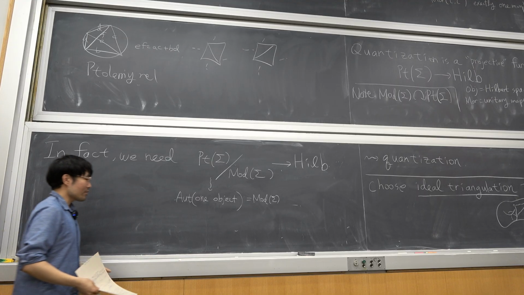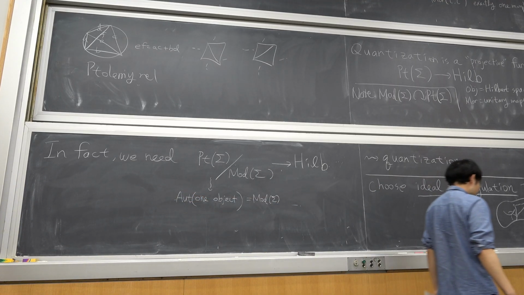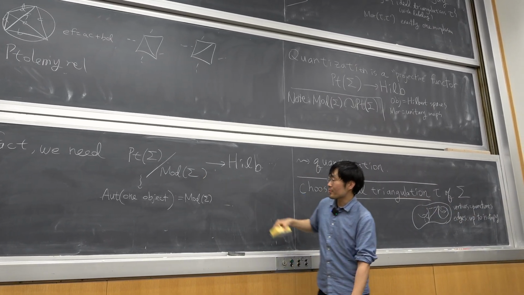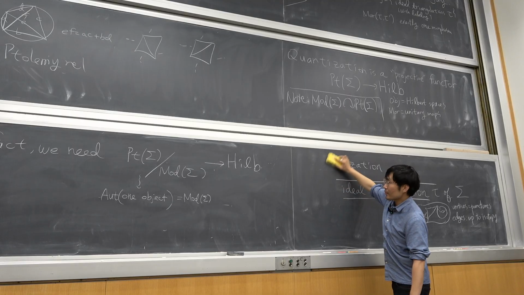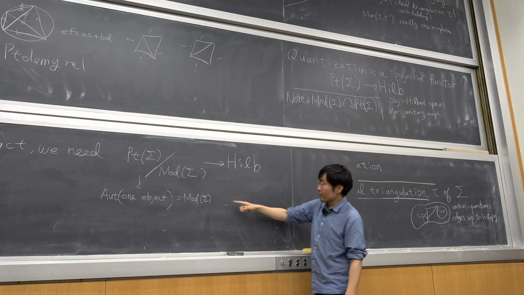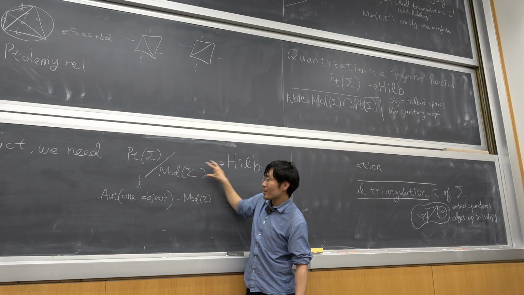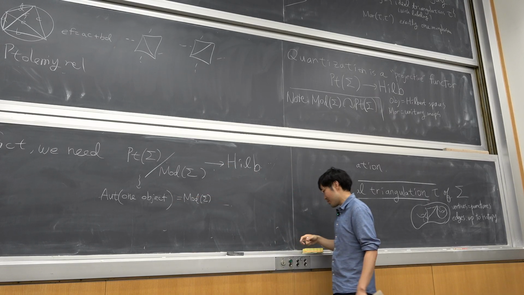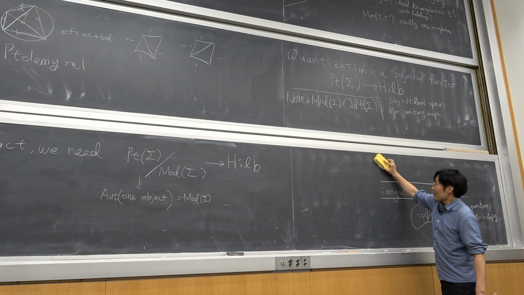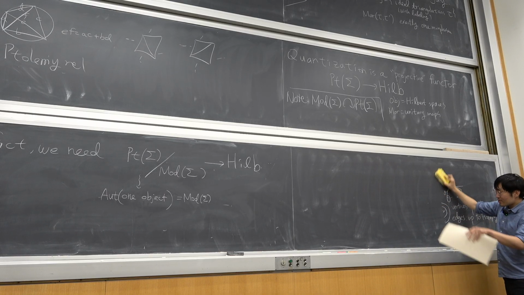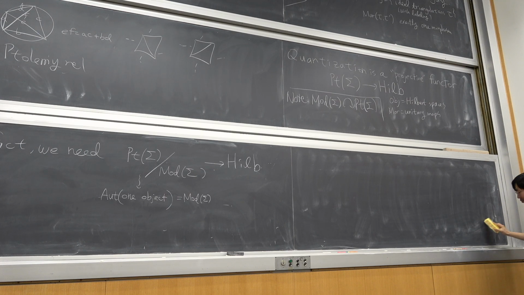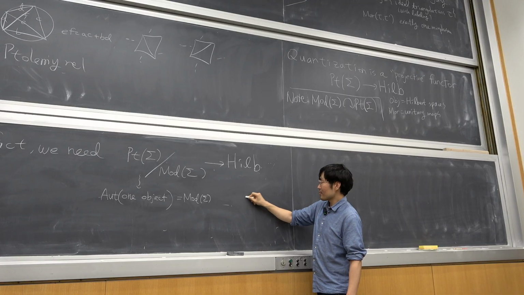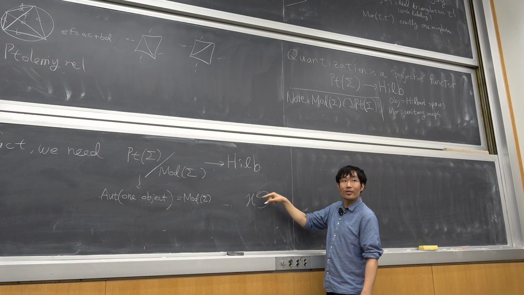So out of this, if you have such a projective functor from this quotient groupoid to the Hilbert space category, what do you have? For every object, you have a Hilbert space. For every morphism, you have a unitary map, such that composition goes to composition up to a constant. And if you fix one object, then the morphisms from it to itself go to Hilbert space unitary maps from it to itself.